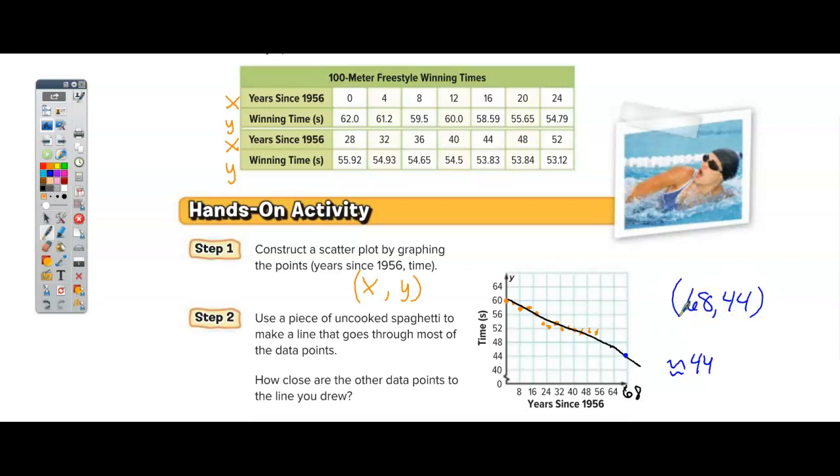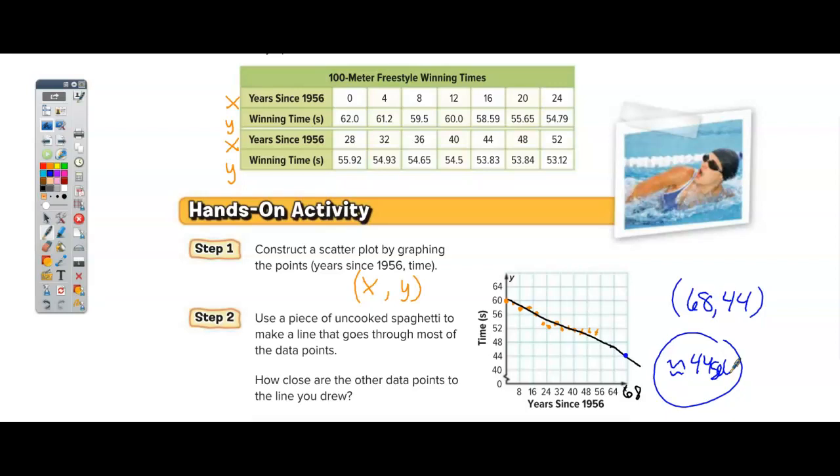If yours is like 48, 47, something like that, the book actually says about 49, so my line's a little bit off, but somewhere in the 40s probably. So what is the projected winning time in 2024? It's about 44 seconds, 49 seconds, whatever you have. And then the last part says, refer to the line drawn in the scatter plot. Is this method always going to be valid when making a prediction?